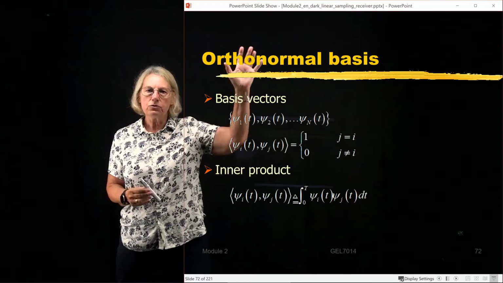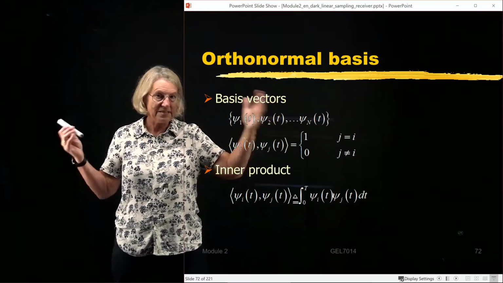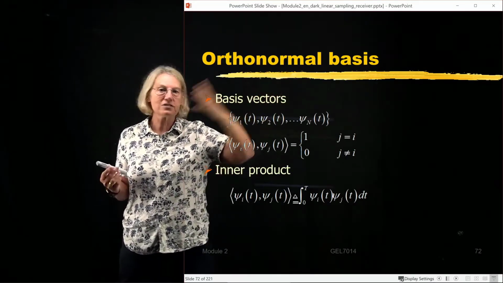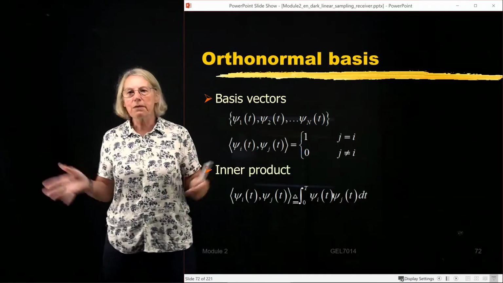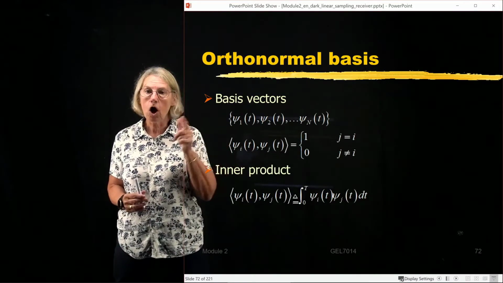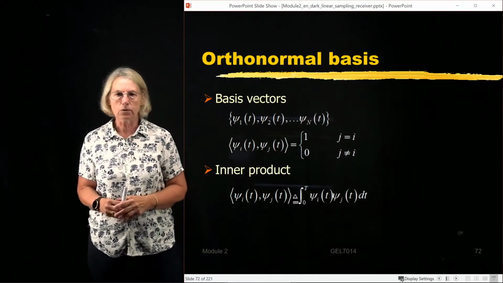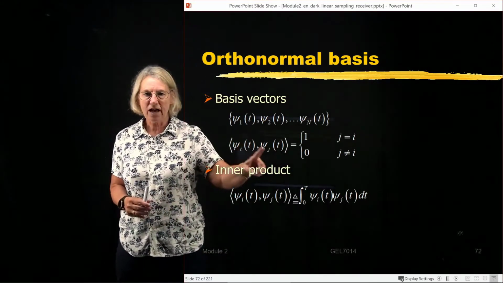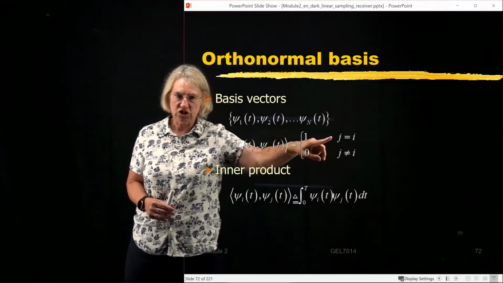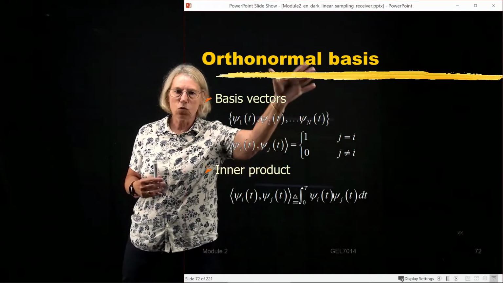Now, there are an infinite number of bases, and I want to pick a collection of vectors which are orthonormal because they're easier to work with. What does that mean when we say they're orthonormal? This collection of basis vectors is orthonormal because if I take the inner product, and we see here the notation for the inner product, of a basis vector with itself, when i equals j, it equals 1. 1 is the normal part here.